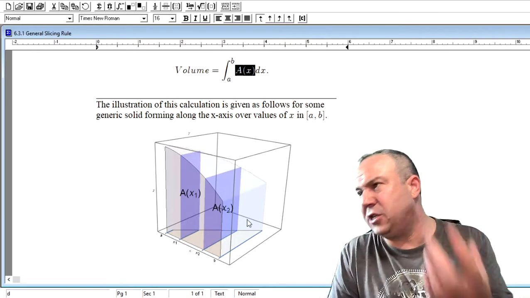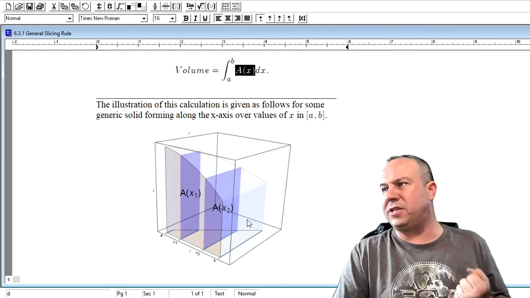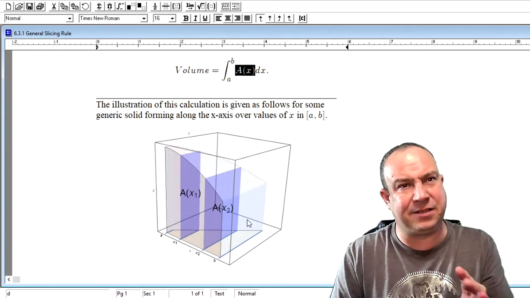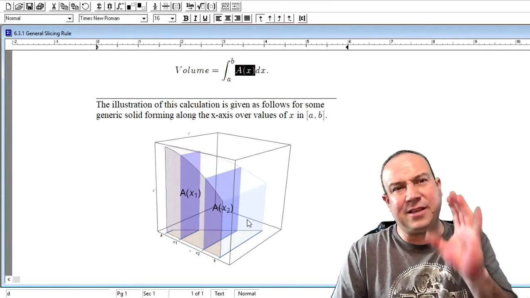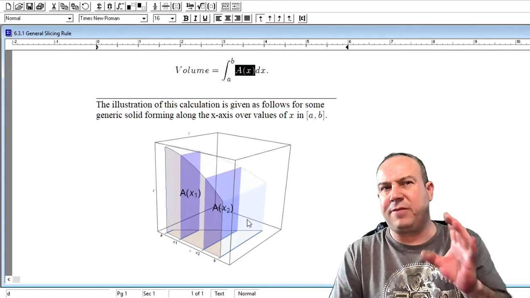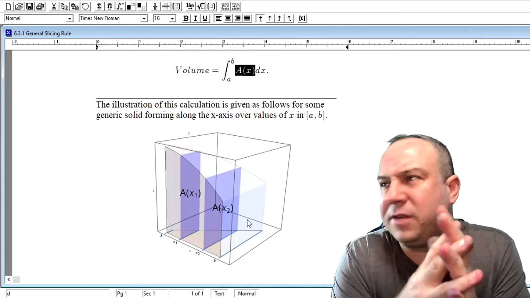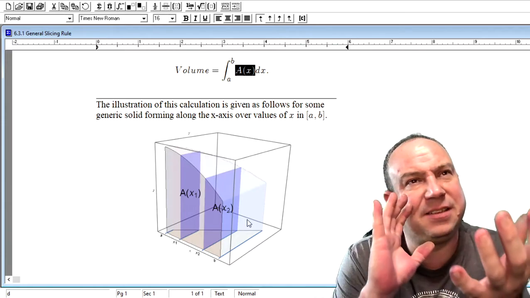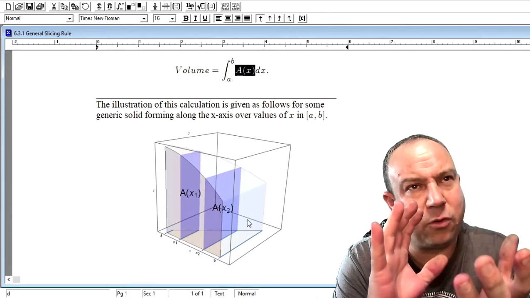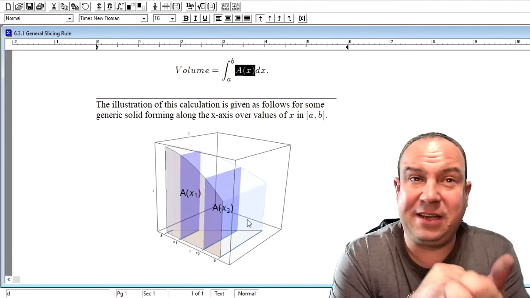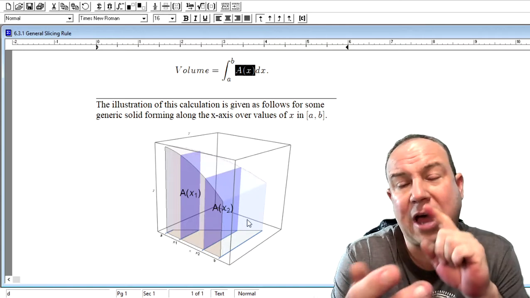If I was to visually illustrate each and every one of those areas in this picture, it would be that entire solid in its illustration, right? This solid illustrates each and every one of those infinite areas. So if we add up all those infinite areas, we would have, in a sense, the volume that solid is forming. Now, we can't add up an infinite number of items, so how do we approach that?